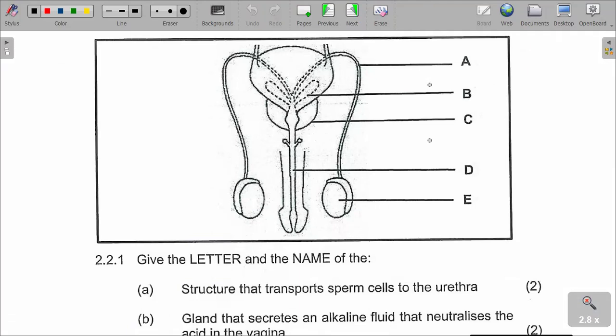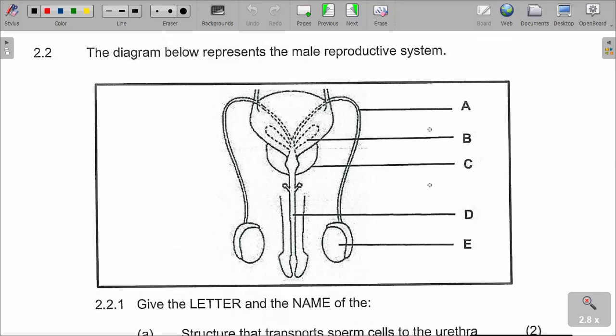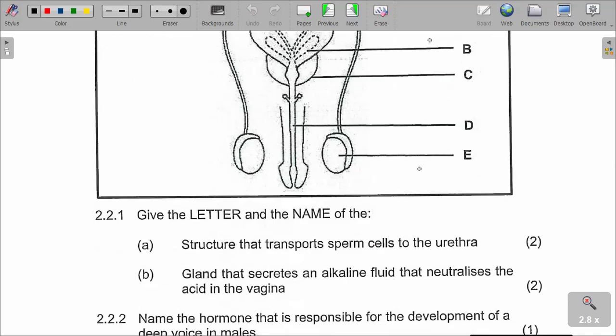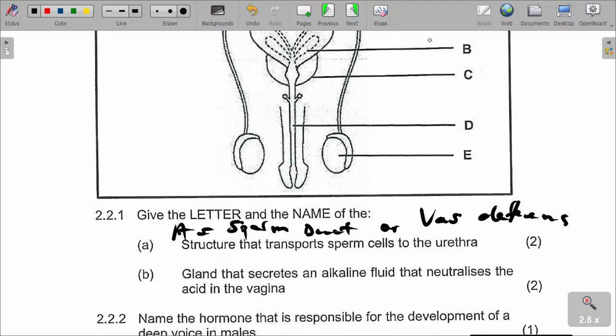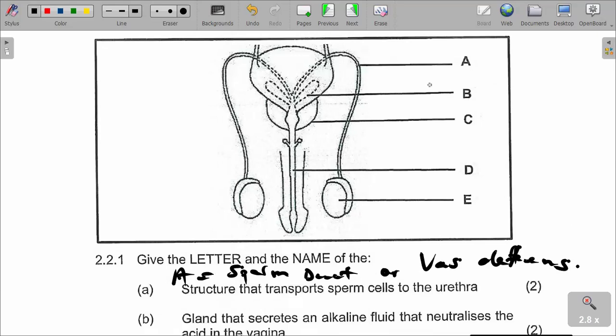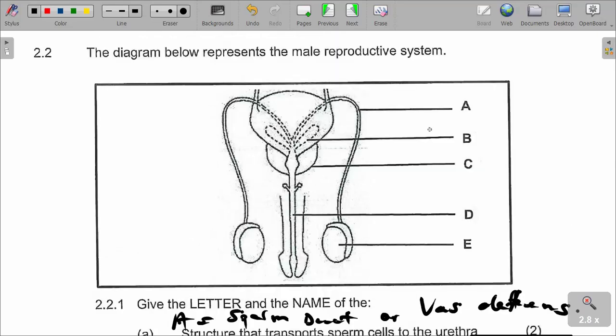The one that transports sperm cells to the urethra is the vas deferens, or the sperm duct. It is letter A.